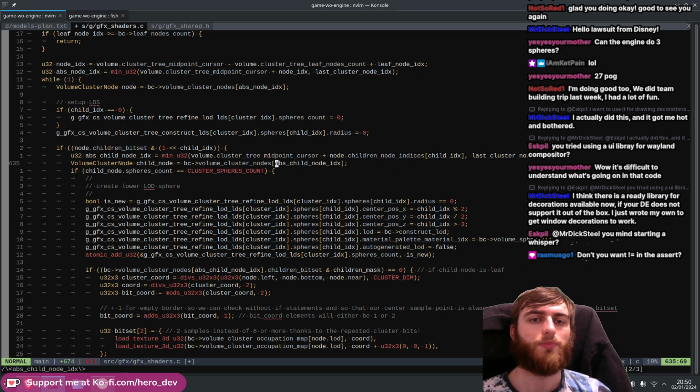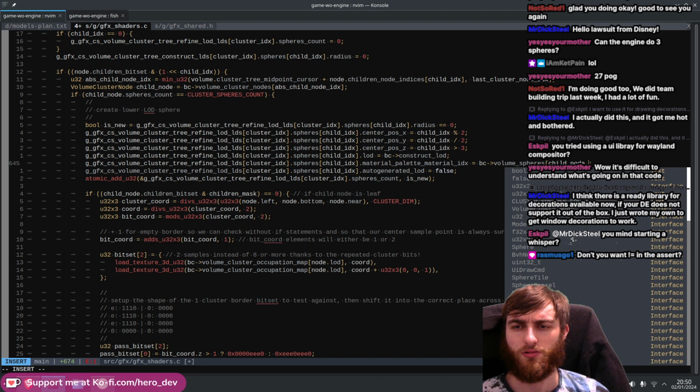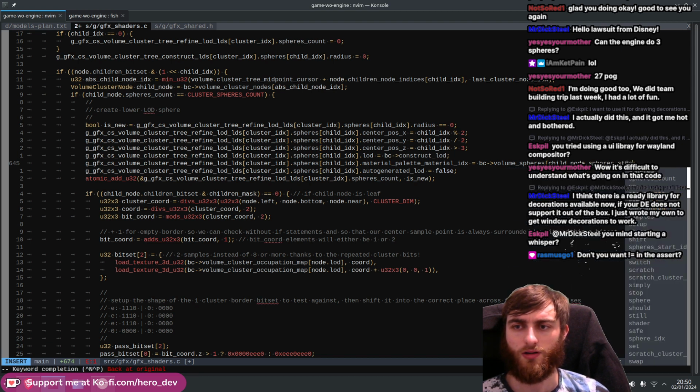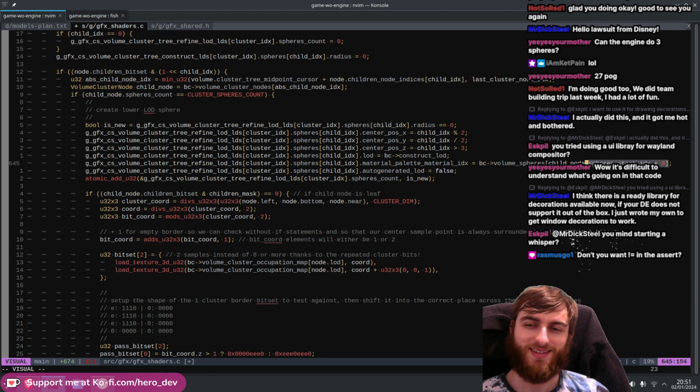So that would be... Any more of these boys dot about? Nope. Yeah, so for now we'll just do child node dot spheres start index plus, yeah, it's gonna be proper dodgy. Right, so we've got to work out some kind of material palette, material index. It's gonna be a bit silly.